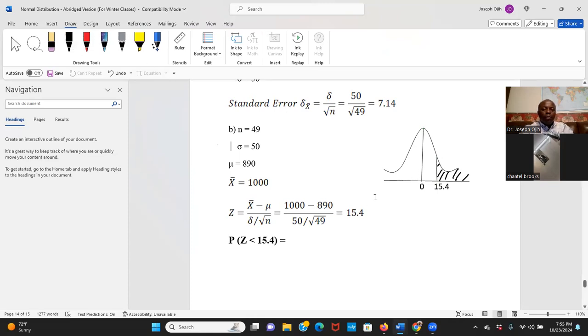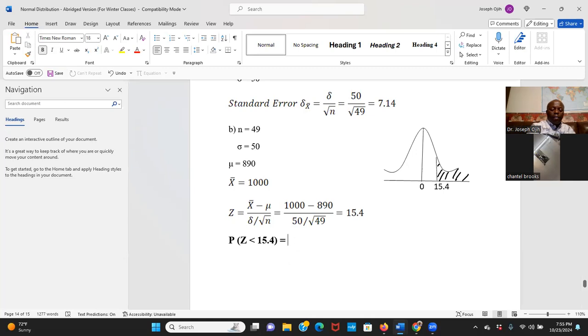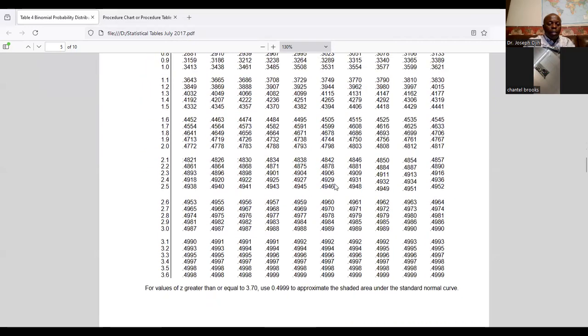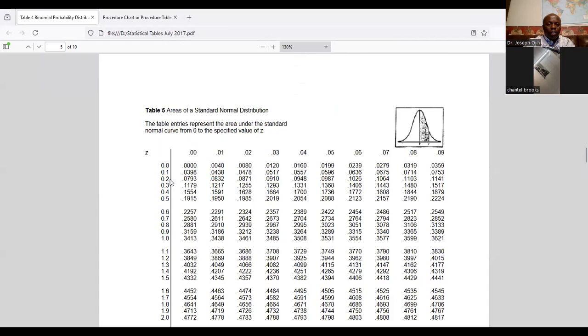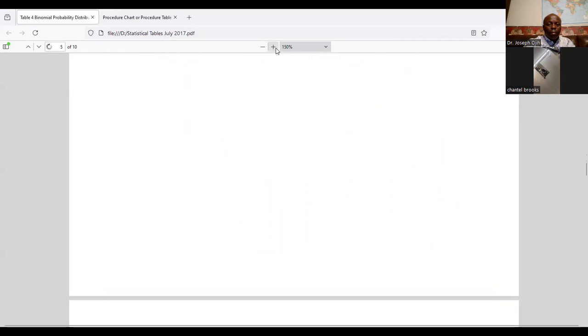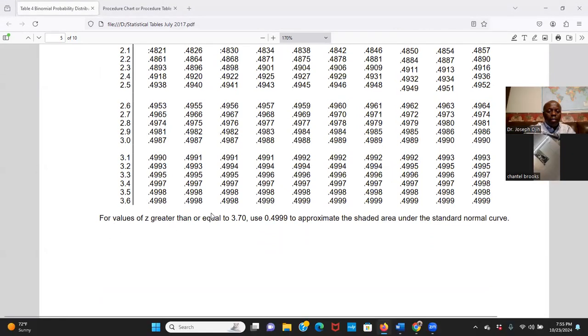Now, from the normal distribution table, we know that when it's at the tail, we're going to subtract from 0.5. So 0.5 minus, let's look for 15.4 on the table. Unfortunately, we cannot find it; the highest number we have here is 3.6 for Z. But it says here, for Z values greater than 3.7, use 0.4999.